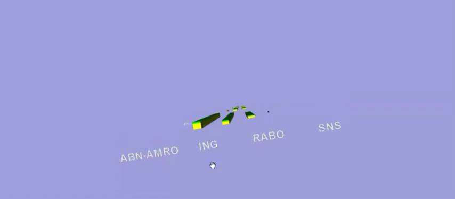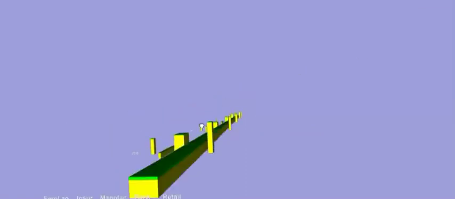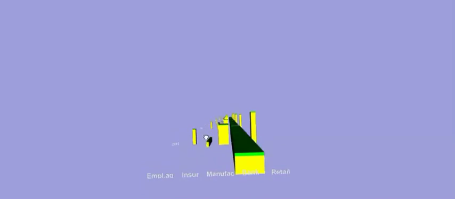Of course, it's okay to show a bank with the AnRep3D generator, but combined with other companies it can get a little bit difficult. Here we have a combined graph showing a bank.